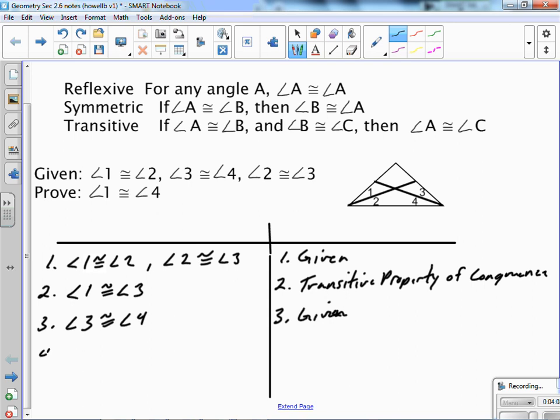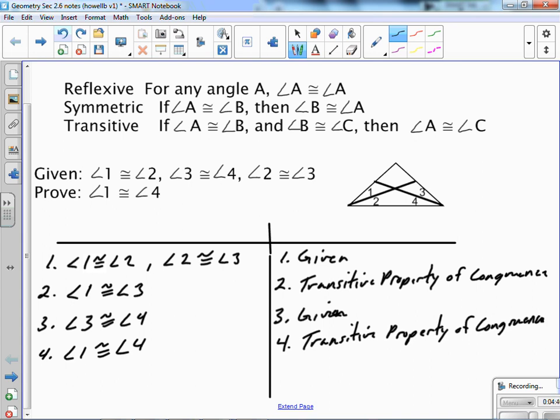So we can switch over to say that angle 1 is congruent to angle 4, using the same property we used just a second ago, which is the transitive property of congruence.